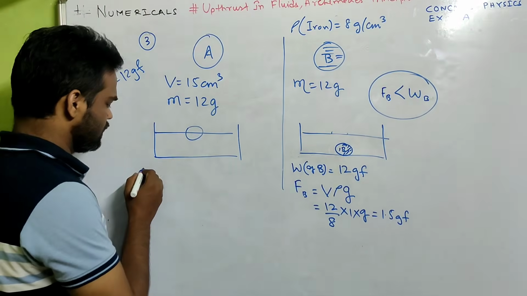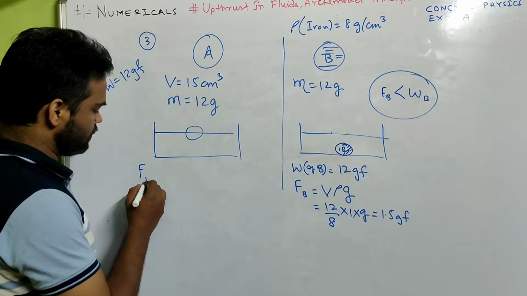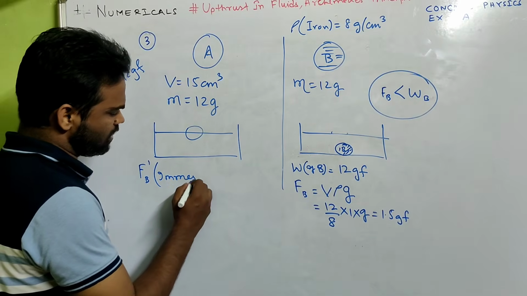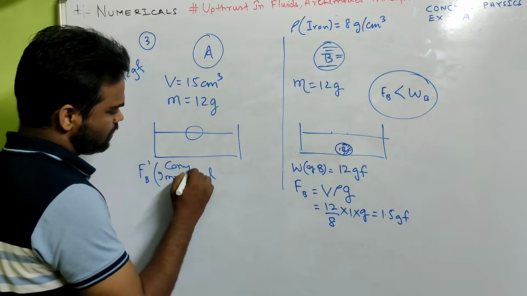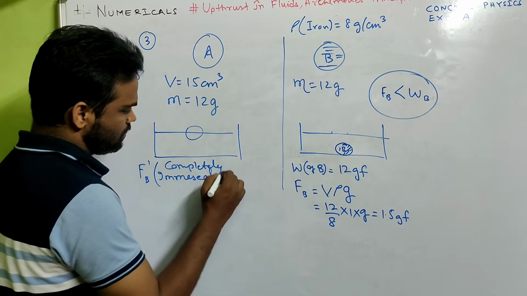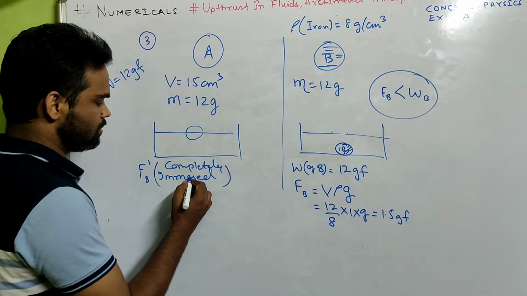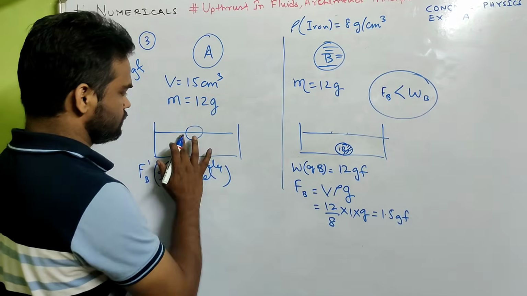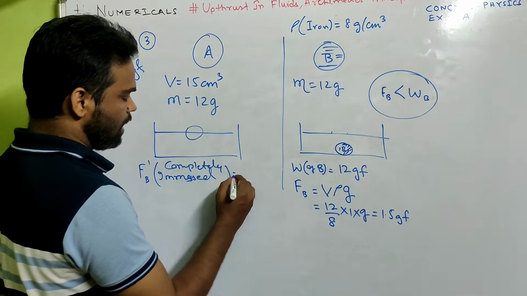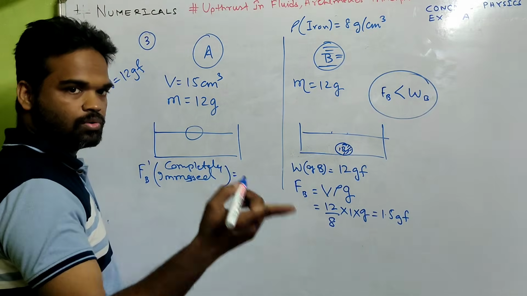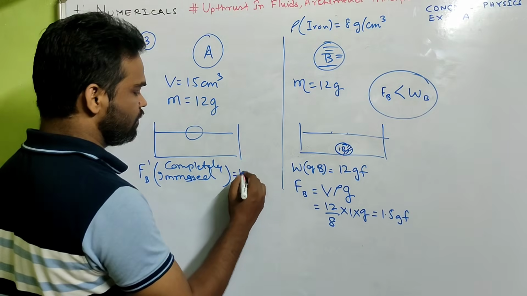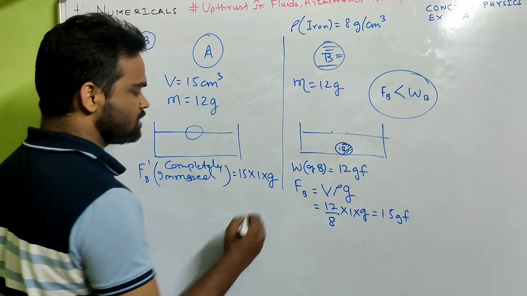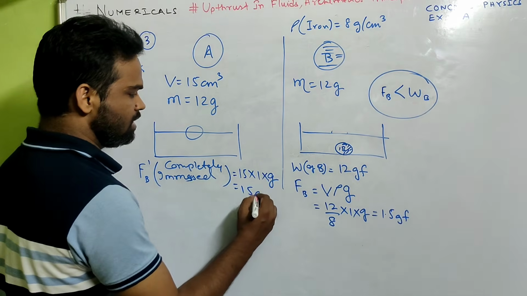Then upthrust, FB dash, when it is completely immersed in water, will be V rho g. V is 15, rho is 1, and g as it is. So that's 15 gram force.